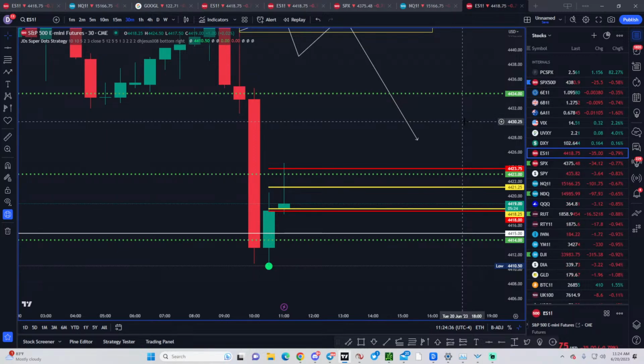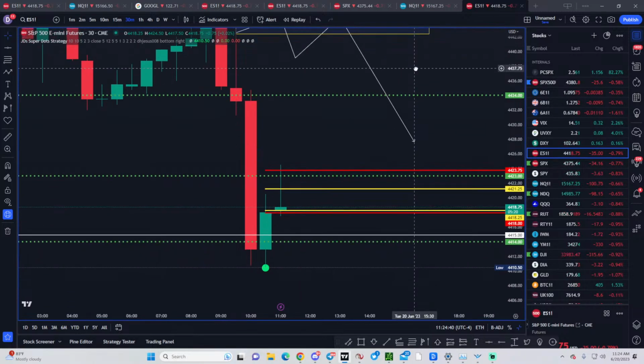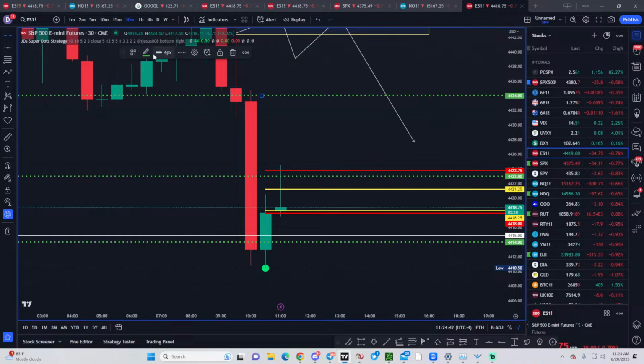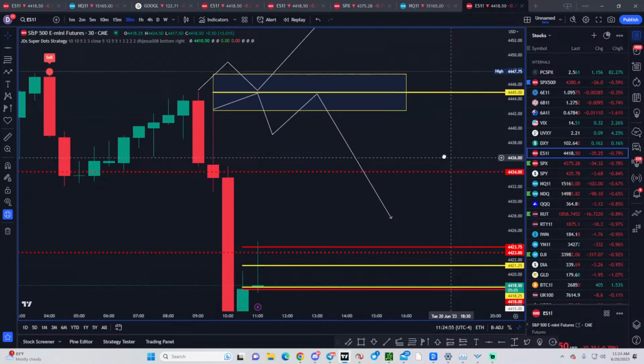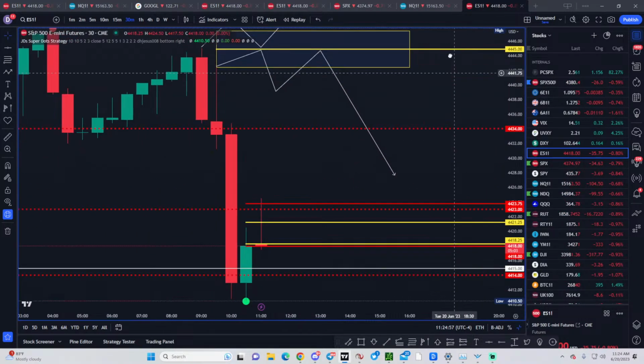All right. The one thing that you have to remember, I'm going to paint these things red here, so you can see those are the downside targets, and the green ones are the upside targets, and the yellow here is the pivot.